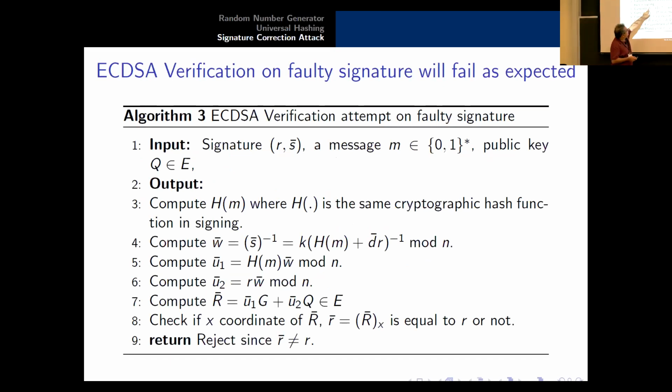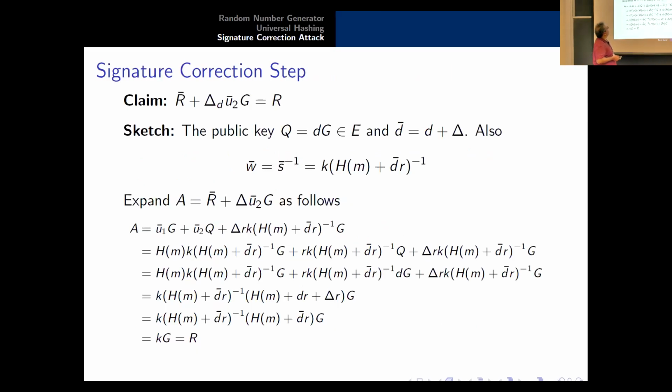all looks good, but we have all these complemented or barred variables. The R bar that we obtain is not going to match R anymore, and we have an extra term coming from the deltas.